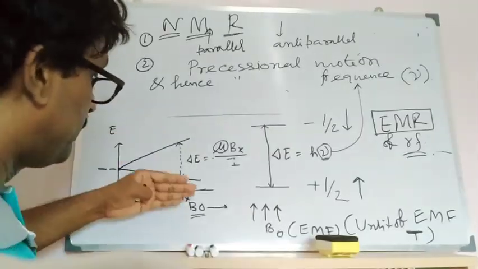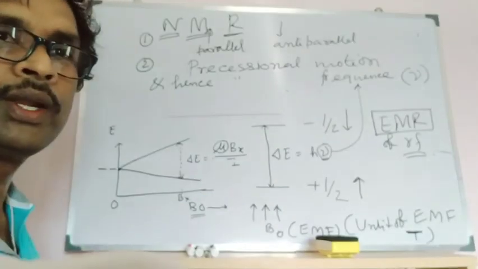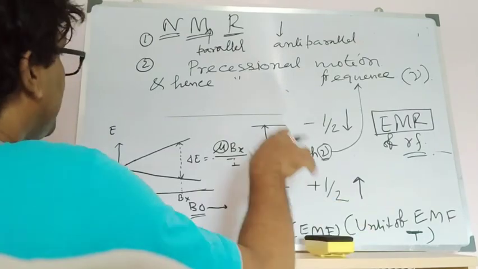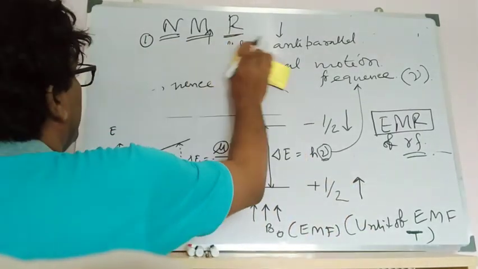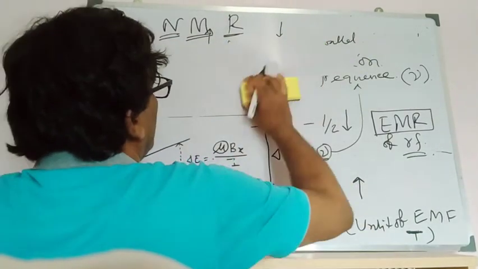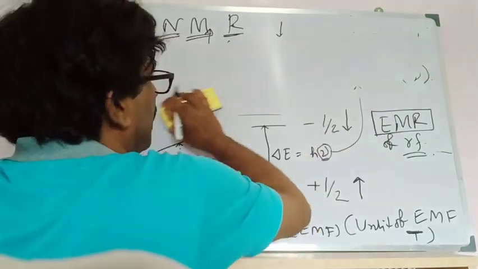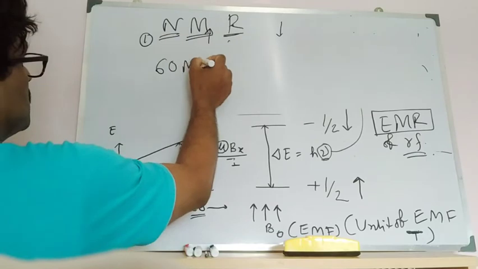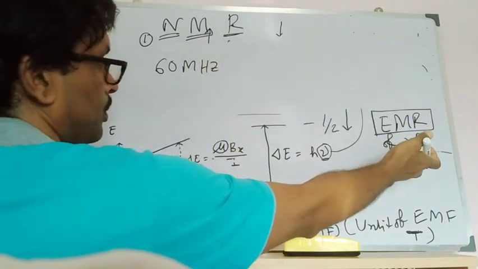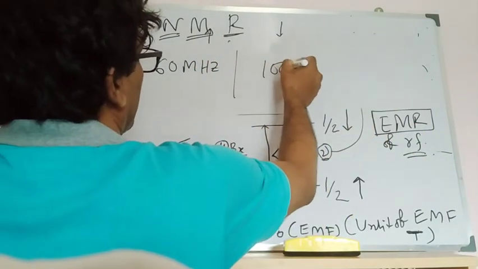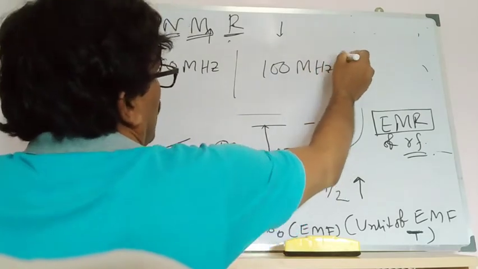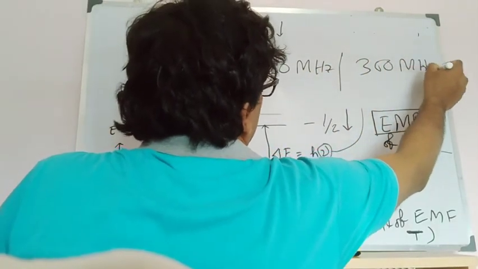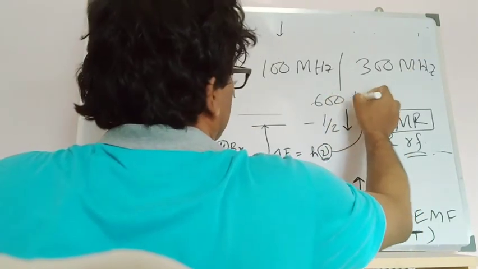Clearly the precessional frequency corresponds to the external magnetic field. So if we take the external magnetic field, the corresponding instruments are 60 megahertz, generally in the radio frequency range, or it may be 100 megahertz, or 300 megahertz, and now 600 megahertz, etc.